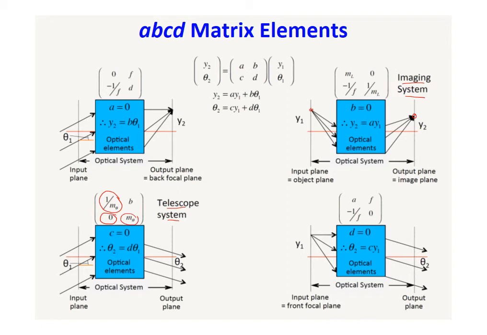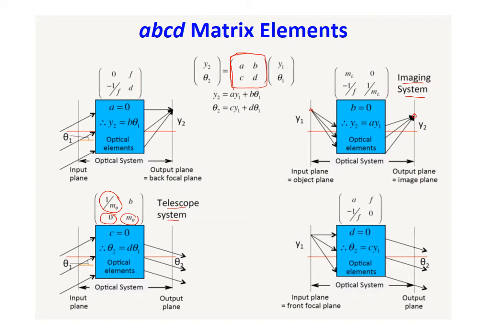So you can check out these different imaging systems, and you can always use the ABCD matrix that you have calculated, your system matrix, and compare it to these systems to be able to quickly figure out what kind of system you have.